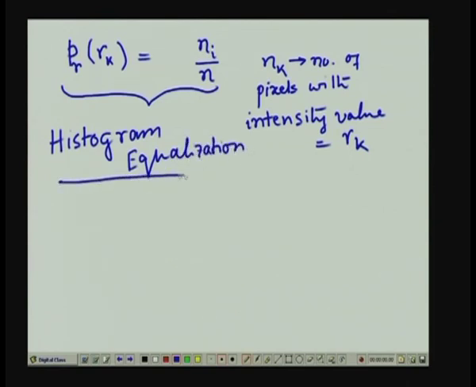the histogram equalization technique makes use of this histogram to find the transformation function between an intensity level in the original image and an intensity level in the processed image.